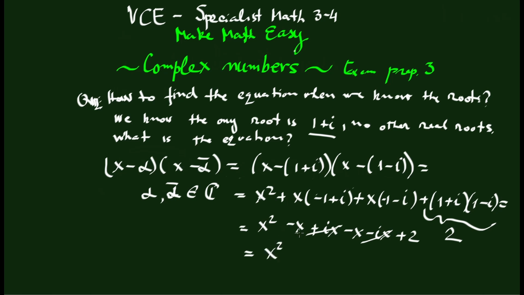The equation becomes x squared minus 2x plus 2. So that's our equation.